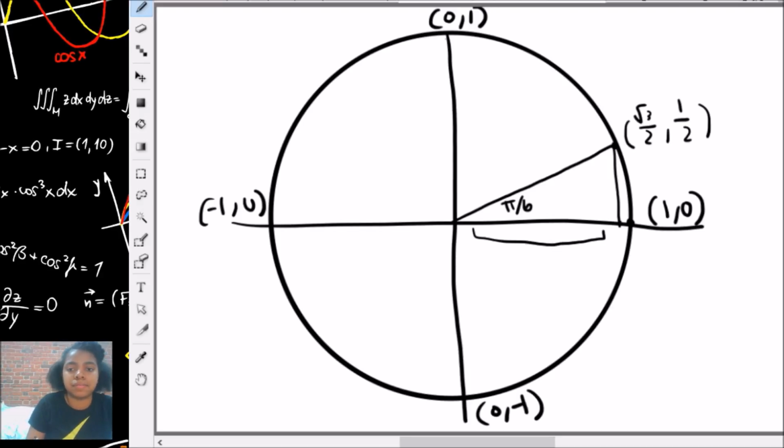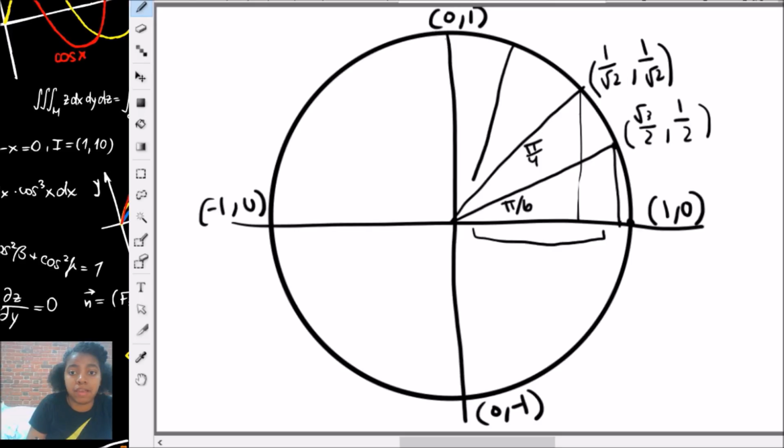Wow. And let's say for pi over 4, this triangle right here, the y and the x value are going to be the same because our opposite and the adjacent are the same. And for that, it's 1 over root 2, 1 over root 2.